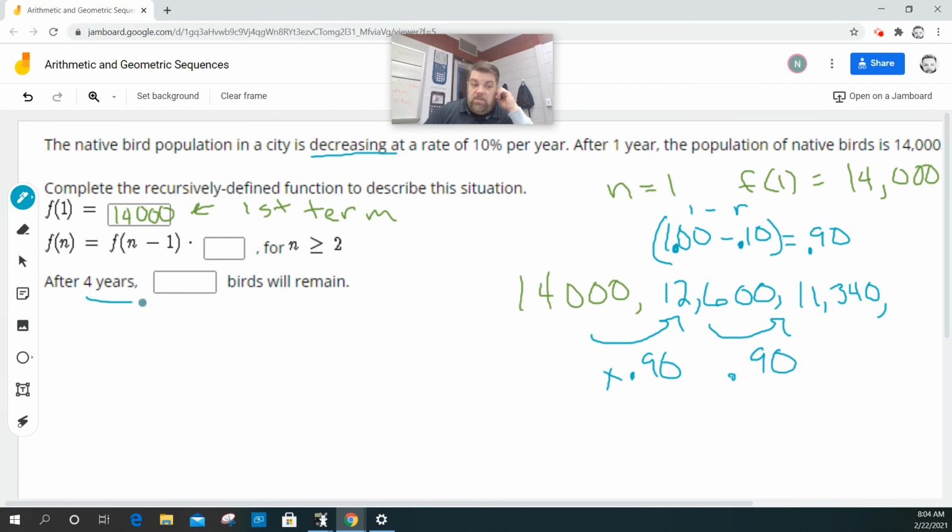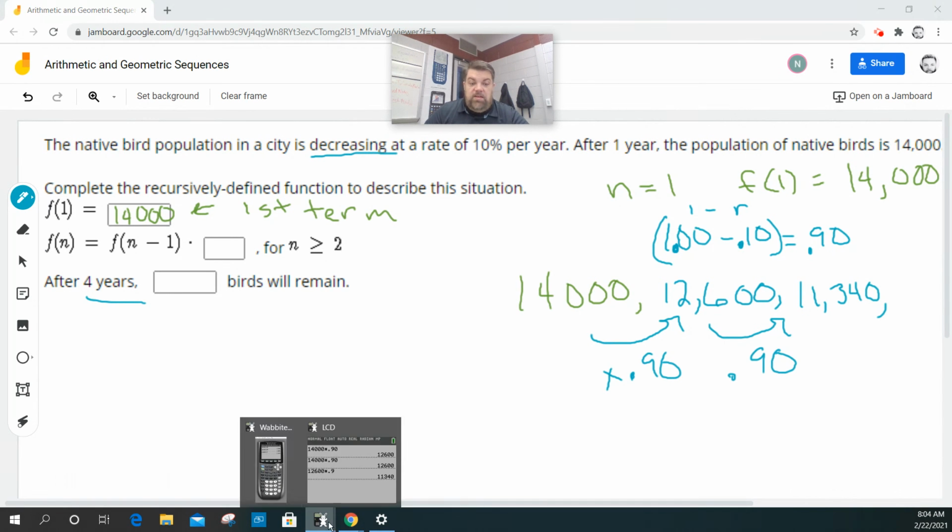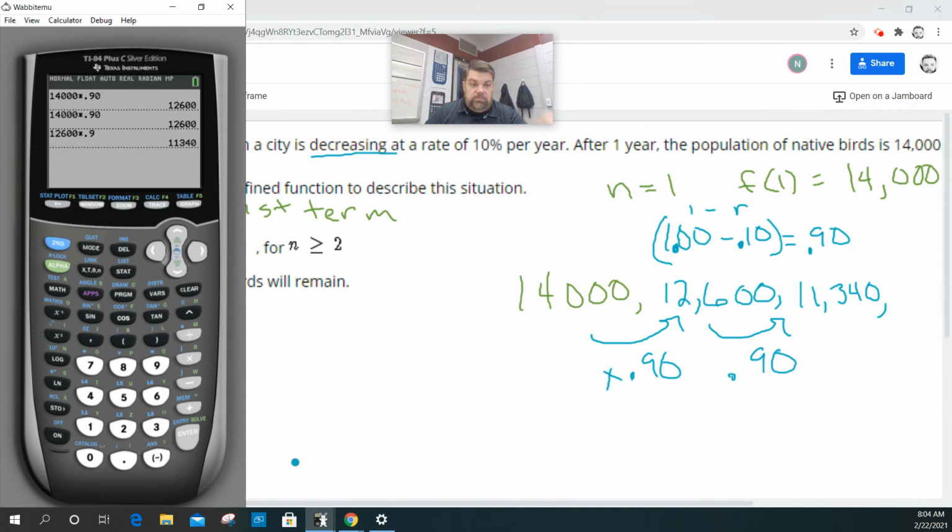And then it says, what about after 4 years? So now I just got to do that one more time, and that will be the 4th year. If I just go times 0.9, it'll do the answer times 0.9, which will be 10,206.